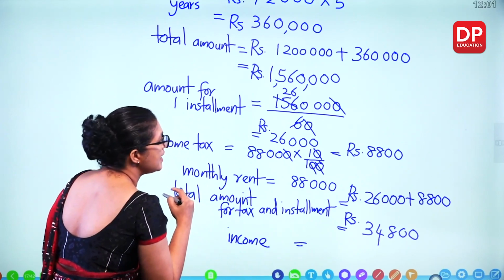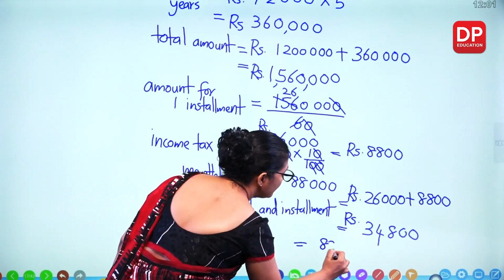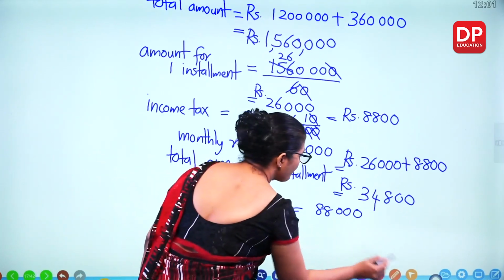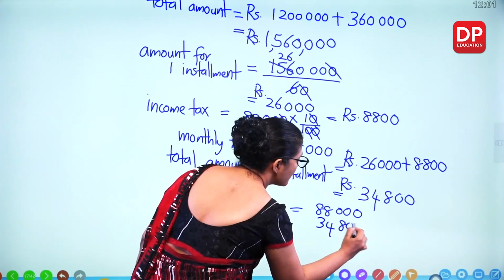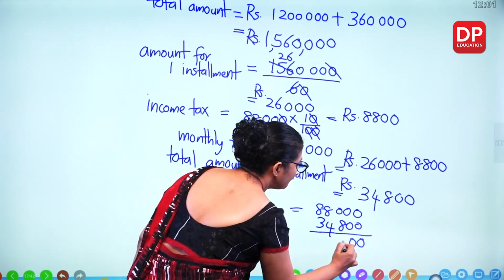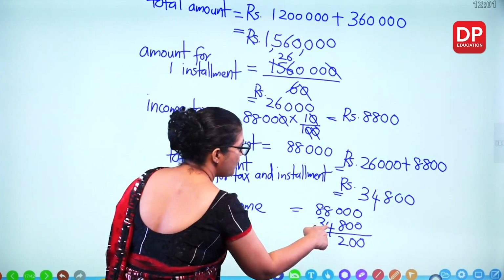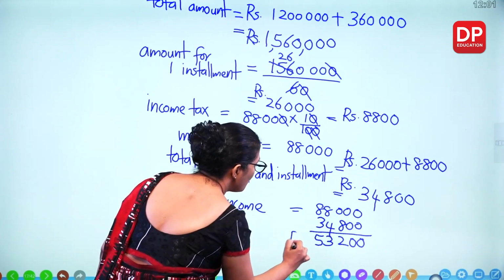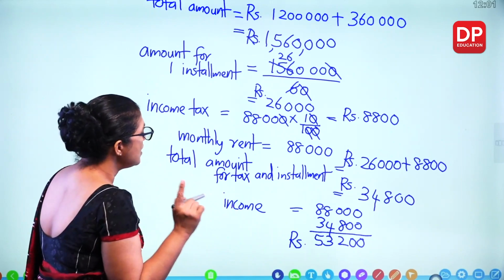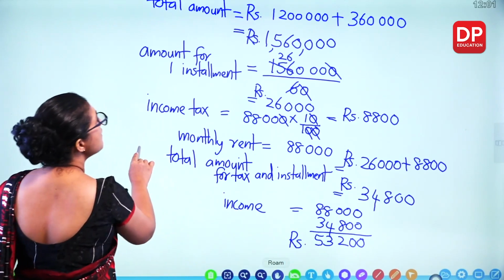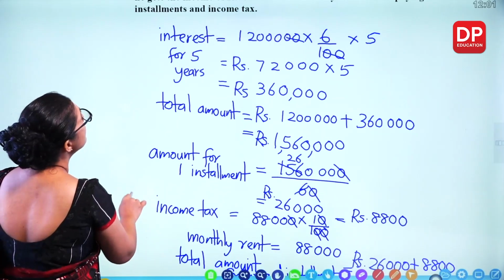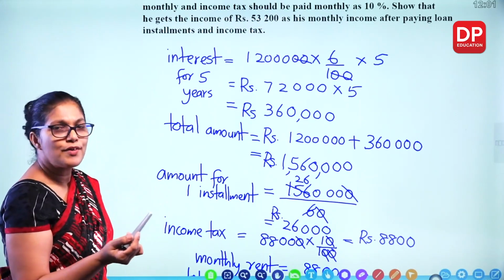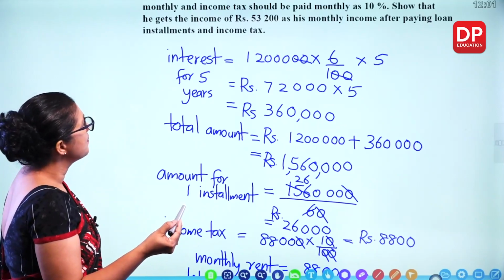Income, he is getting 88,000 minus 34,800. 10 and 1 remaining 5 plus 3, 8 and 5. So we get 53,200 rupees. So we'll see whether that's the answer. 53,200 rupees is the income he gets.